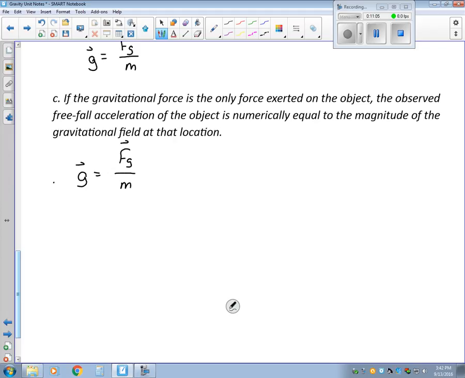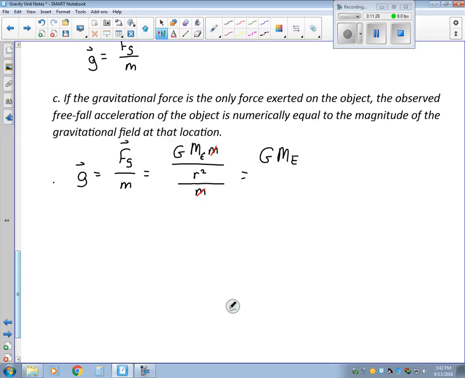So let's say we're standing on the planet. This gravitational force would be capital G, mass of the planet, times your mass over r squared, divided by your mass. Your mass would cancel. So I would be left with G times mass of the Earth.